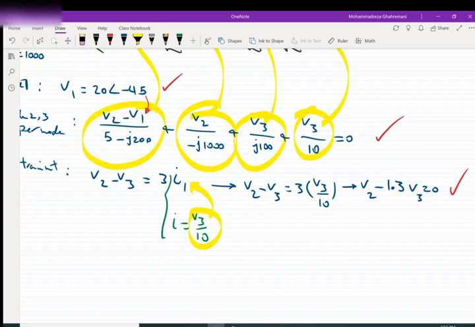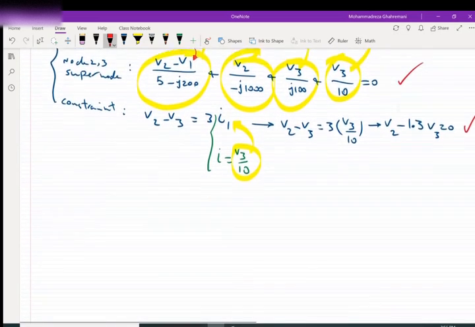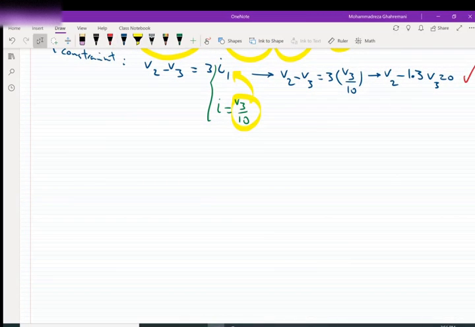In the last example, I substituted the value and converted the three equations to two, but here I'm going to keep it as is and write a 3 by 3 matrix to show you how to solve these problems without these substitutions.